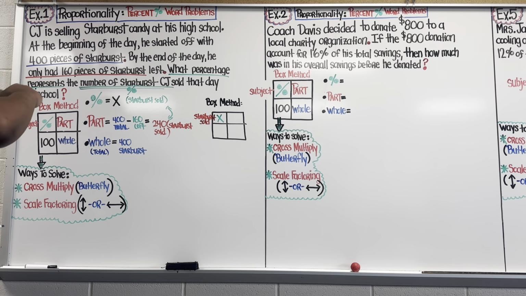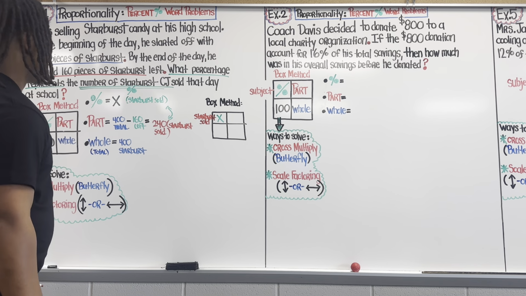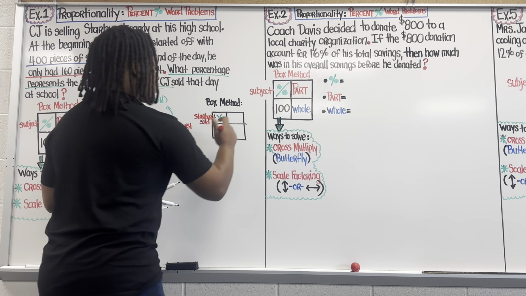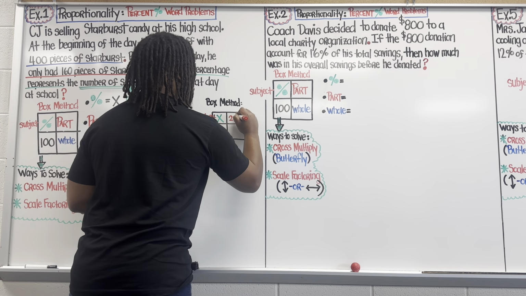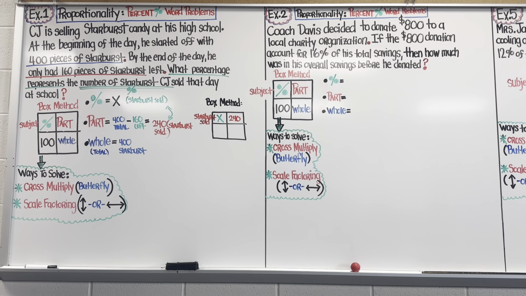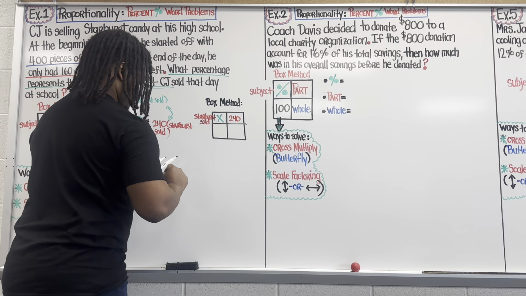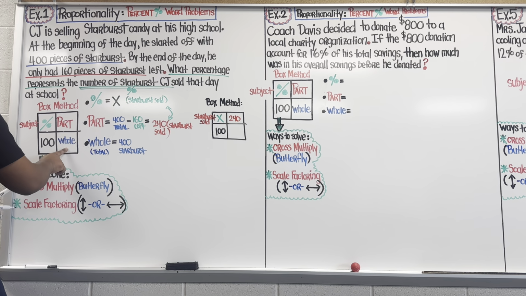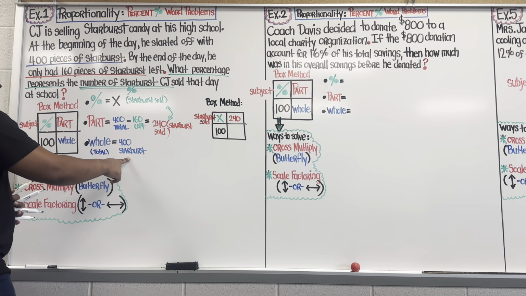That is the subject line, which is the first row, okay? So we don't know the percentage of the Starbursts that were sold, but we do know that there were 240 Starbursts in total sold that day, right? 100 is still 100. And then the whole, which is the total number of Starbursts he started off with, is 400.